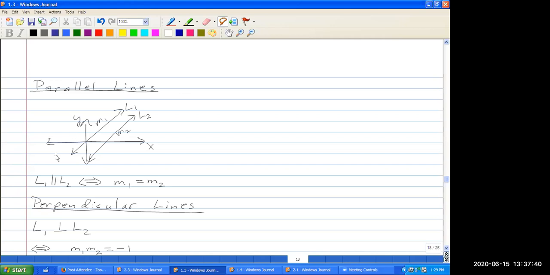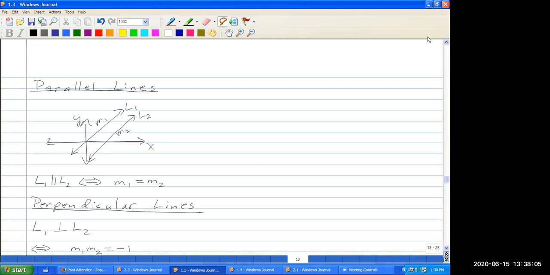Yes, that is correct. So it's under that sort of strange understanding that an undefined is equal to an undefined, and so the undefined slope equals the undefined slope, meaning two vertical lines are parallel. Okay, that just simplifies the statement.